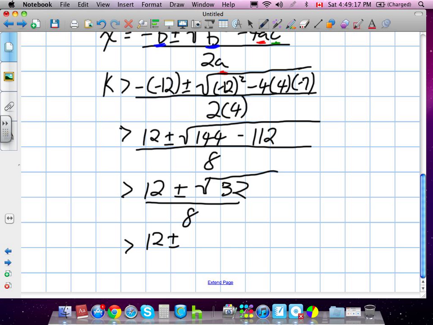So we've got to find the square root of 32, which is plus or minus 5.656, divided by 8.